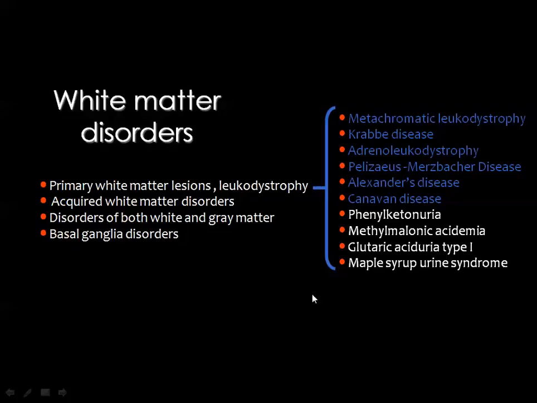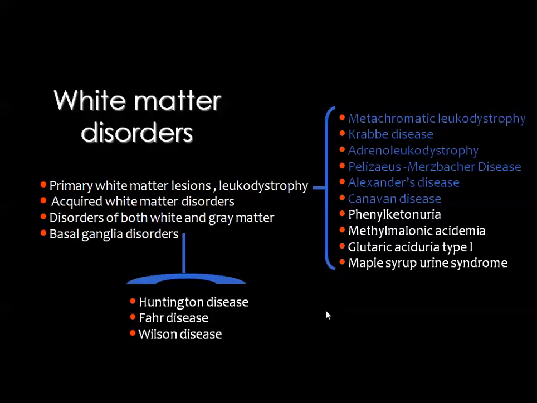And in the last part of this talk, we are going to discuss 9 diseases, which are the 4 lesions included in the primary white matter lesions, which are phenylketonuria, the methylmalonic acidemia, the glutaric aciduria type 1, the maple syrup urine syndrome, and also we will discuss disorders of both white and gray matter, including Leigh's disease and MELAS syndrome.